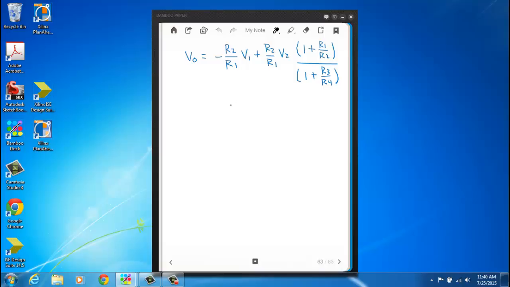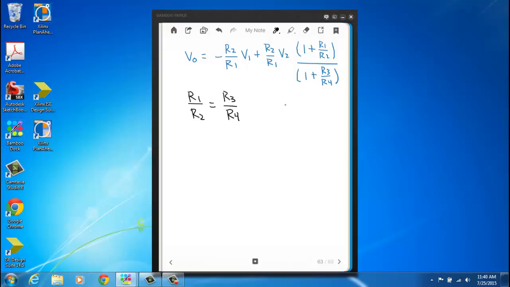And the reason why this particular version of Vout for the difference amplifier is convenient is because now if you take the ratio of R2 over R1 and you set it equal to the ratio of R3 over R4, so these become equal here. Well, this ratio is all going to go away.